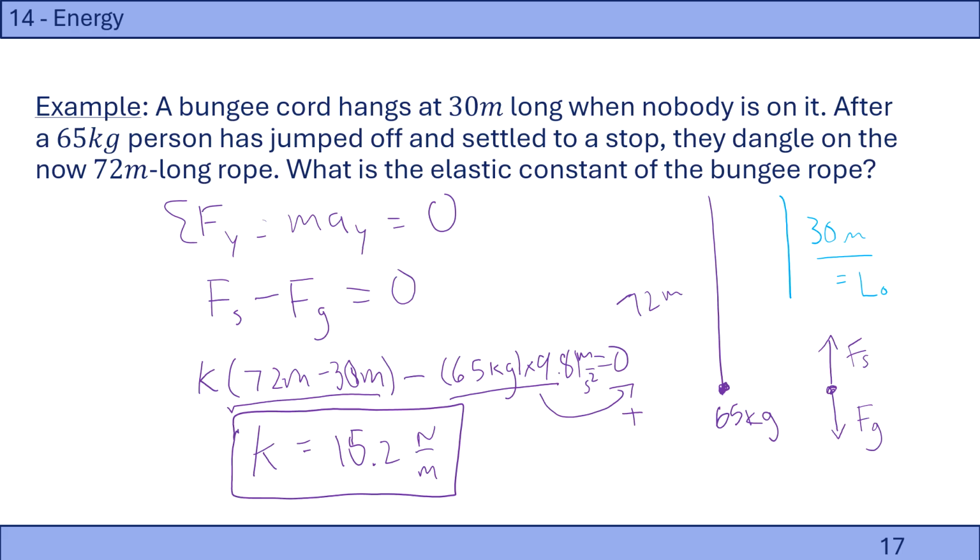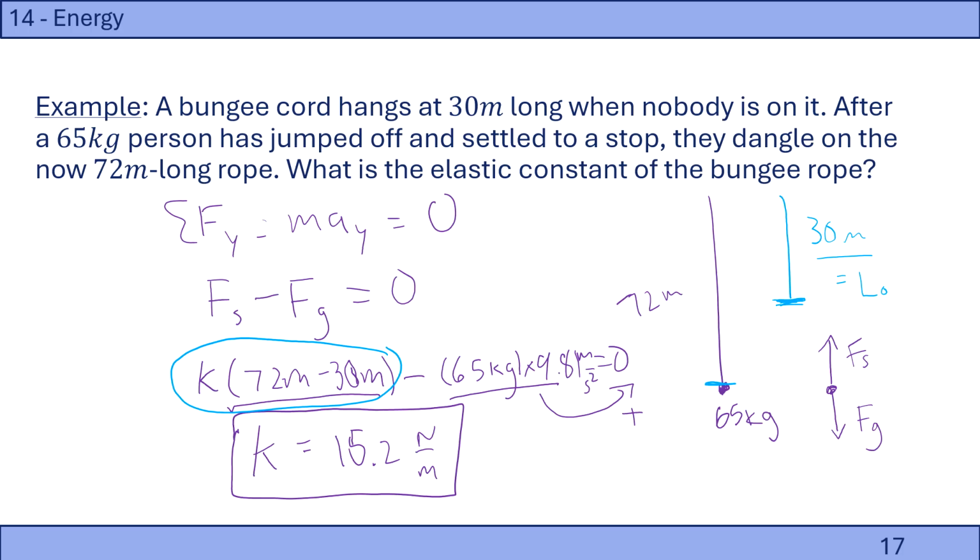So yeah, I think the one part that might be confusing is the negative sign in the F equals minus k delta x equation. You can be very formal about it and say, look, my delta means final minus initial. This is my initial position and this is my final.